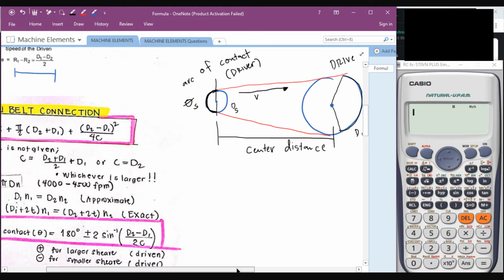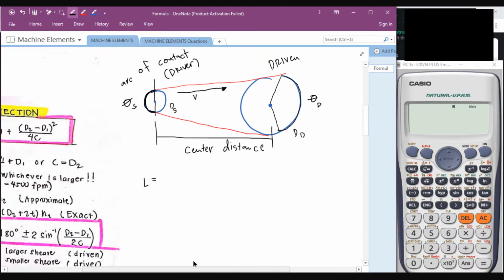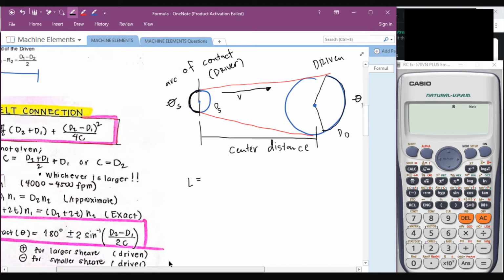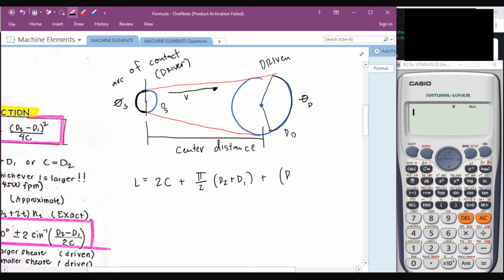Let us go first dun sa total length of the belt. How will you measure the total length of the belt? Okay, meron dyan madaling tandaan. Kapag open belt po, yan, that is 2 or twice ng center distance plus pi over 2 nung D2 plus D1, plus D2 minus D1 squared over 4C.